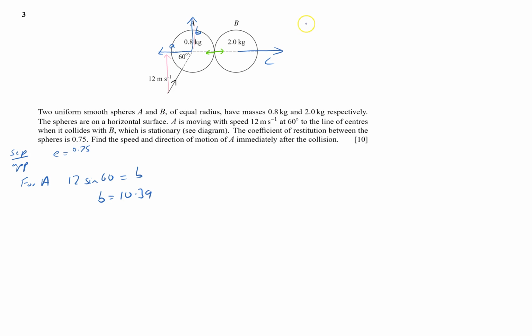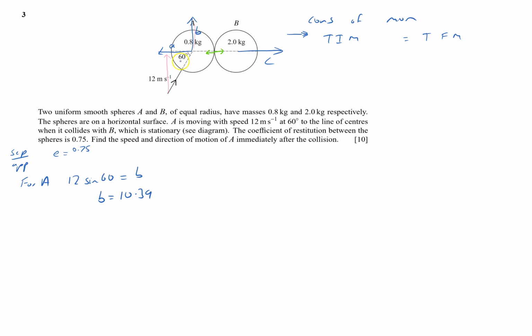I'll write down conservation of momentum, and don't forget it's absolutely essential that direction matters when we go this way. Total initial momentum equals total final momentum, and we're going horizontally. Let's take that as our positive.